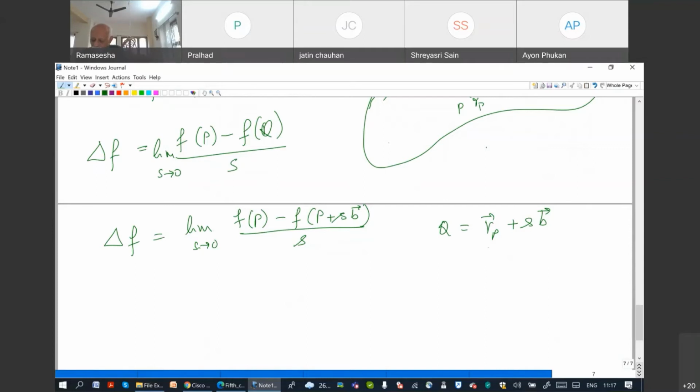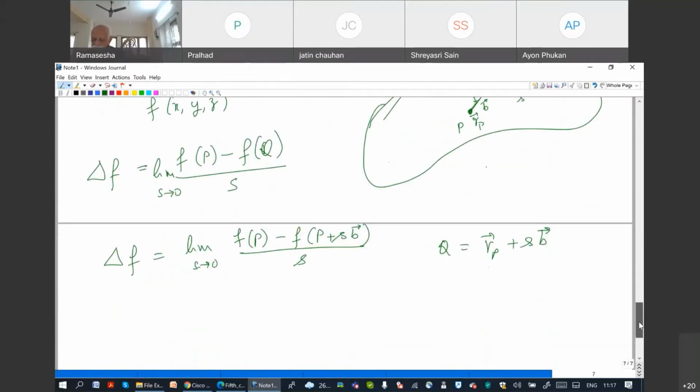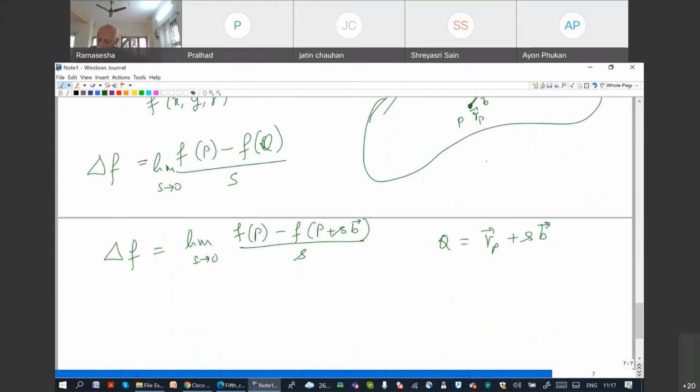Do you follow? Sir, that would be del F, del S, but here it is written as delta F. No, I have written it as this again. See, I have written down FP minus FQ, and S is the distance between the points P and Q if you want.